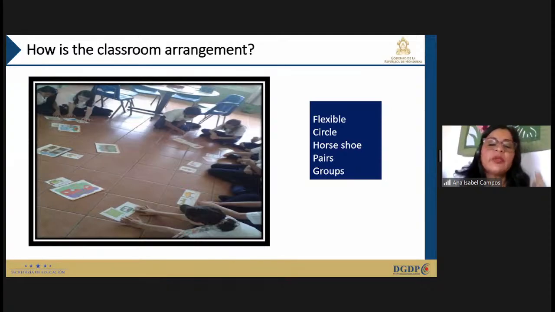So sometimes we can have circles, and I really love circles. I think circles are very useful because the teacher can be sitting, as we saw at the beginning with this teacher. It could be on the floor, with chairs, with tables, but we can sit as well.